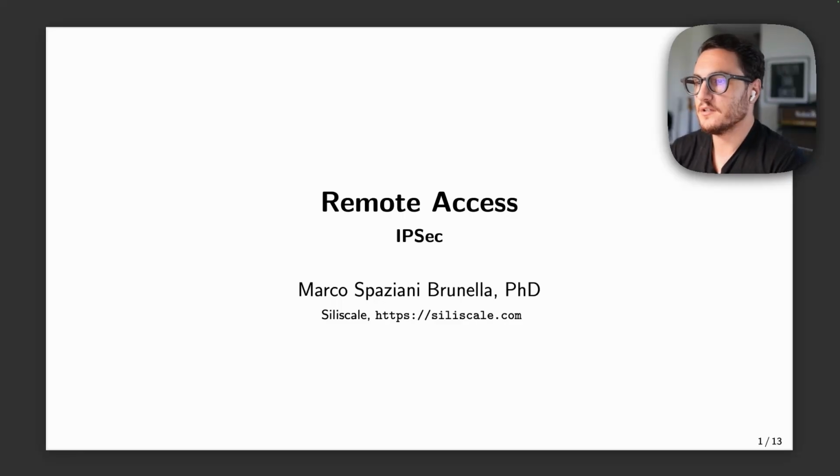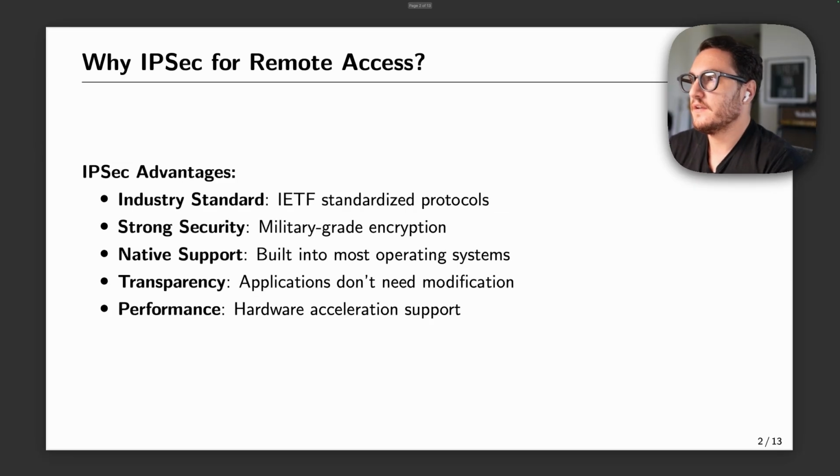Now that we've seen OpenVPN, we can take a look at IPSec, which is the other big player when it comes to setting up VPNs. And the advantage of IPSec is that it's a much more standardized and robust protocol than OpenVPN.